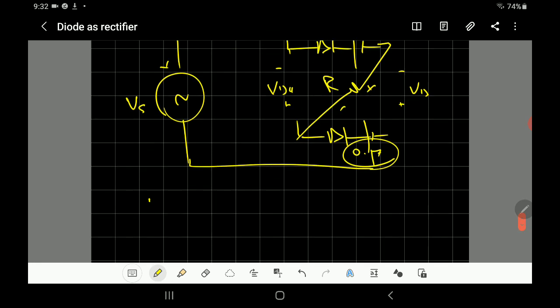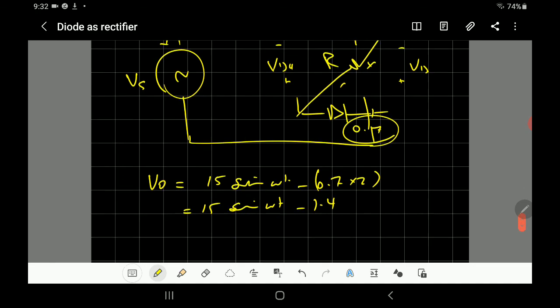So the output voltage in this case is equal to 15 sine omega t minus 0.7 multiplied by 2. So it's equal to 15 sine omega t minus 1.4.